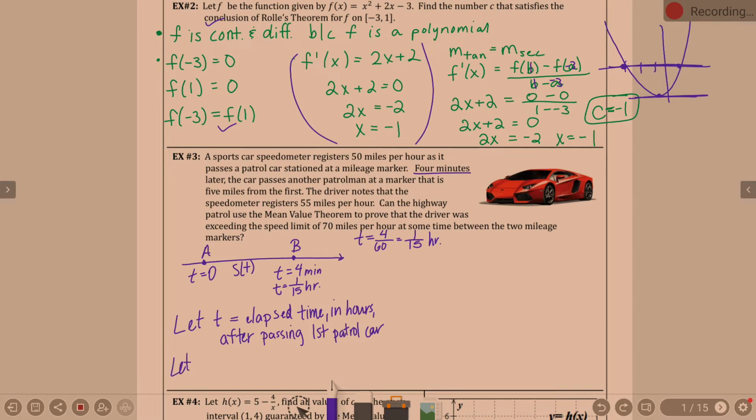Now the S of t, I'm defining to use as my position function, right? And so that is the distance. We're going with miles because everything was given in miles per hour, right? In miles from the first marker at time t. So the distance in miles from the first marker at time t, or first patrol car, if you will.